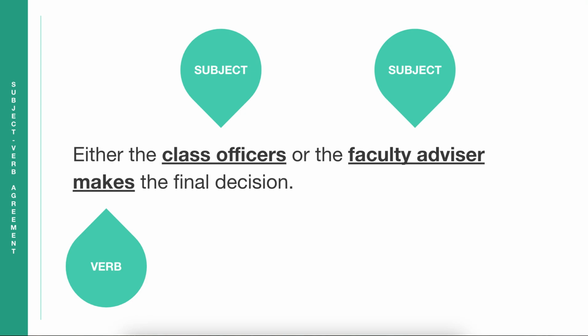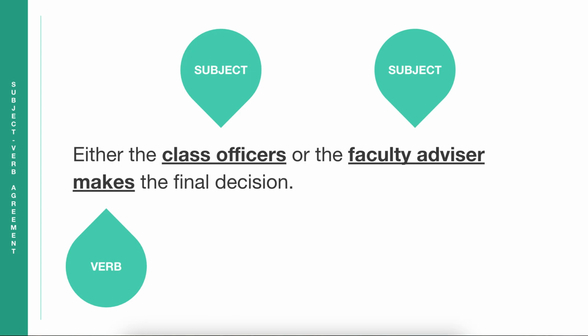Well, the way that we figure it out is when we have an or between the two subjects. So you can see how it says or the. If we have an or between the two of them, then what we're going to do is make our verb match with the subject that it is closest to. Our verb is makes, and that is closer to the subject faculty advisor than it is to class officers. And so we're going to make our verb match up with faculty advisor.